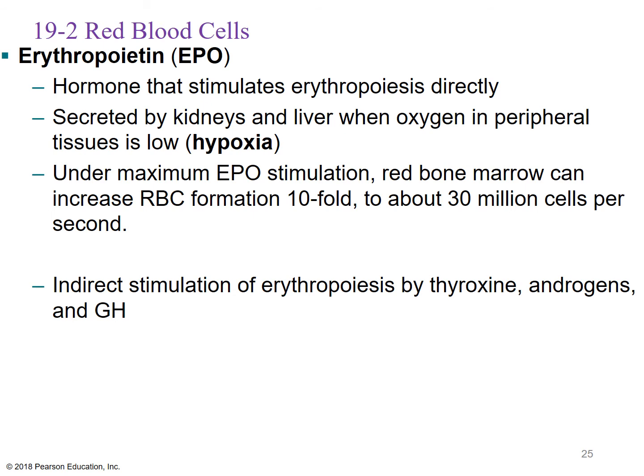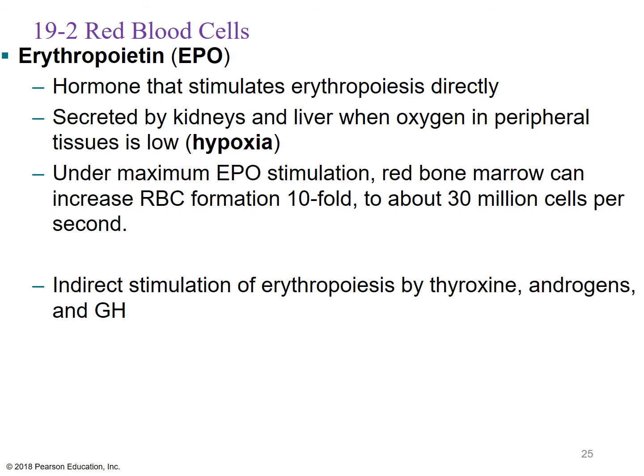If we create more red blood cells, we have more hemoglobin. If we have more hemoglobin, we have more ability to bind and transport oxygen. So that's why low oxygen is the stimulation for the hormone erythropoietin. Now, under maximum EPO stimulation, the red bone marrow can increase the RBC formation tenfold to about 30 million cells per second.